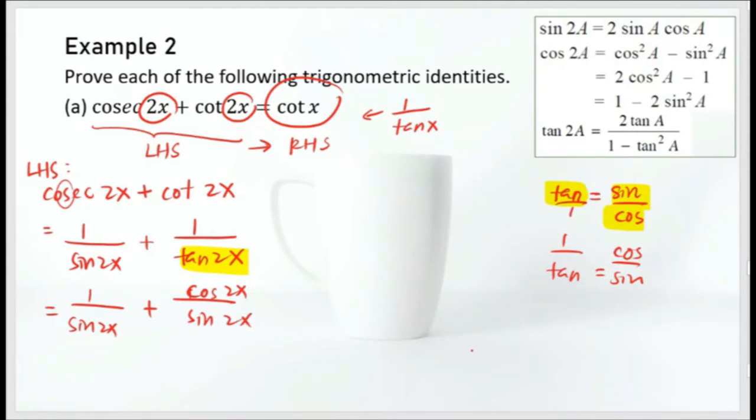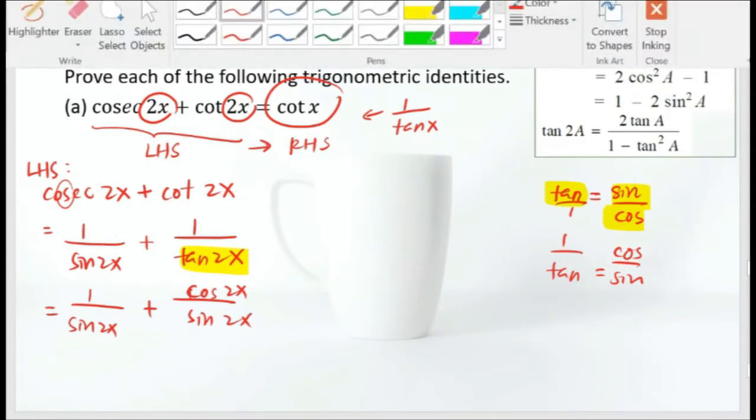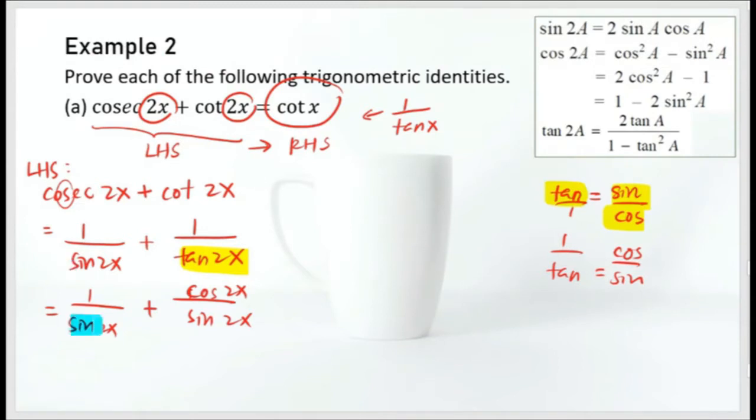So now you see the bottom parts are the same, sine 2x. So next, 1 plus cos 2x over sine 2x. Okay, after this, what is the next step?